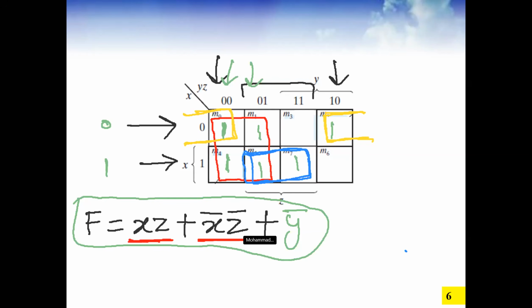The one which is a group of 4 is giving me only 1 literal. It means the larger the group, the fewer the literals. And our aim is to reduce the function. That's why our prime aim is to have a larger number of ones in a group. Keep in mind, for that purpose, we want to use ones which are already a part of another group. We can reuse them as many times as we want.